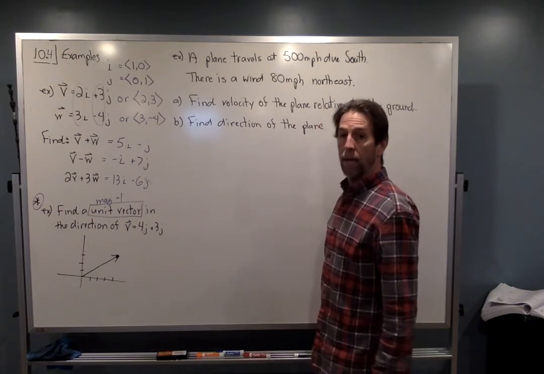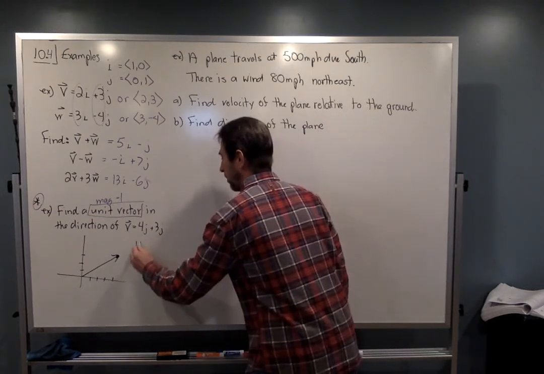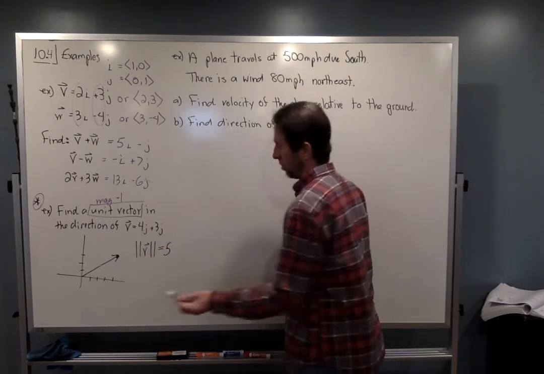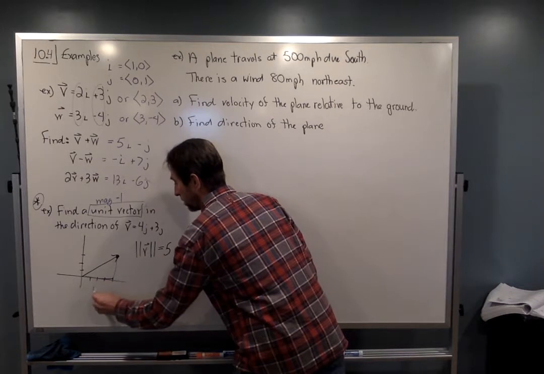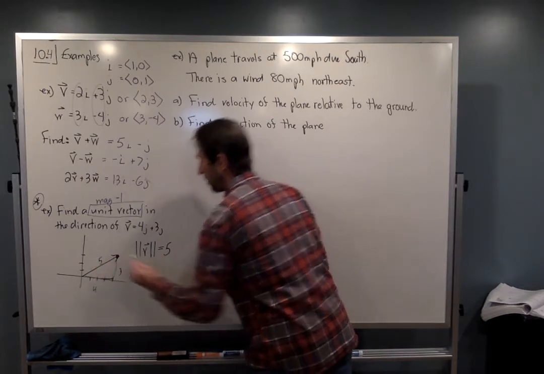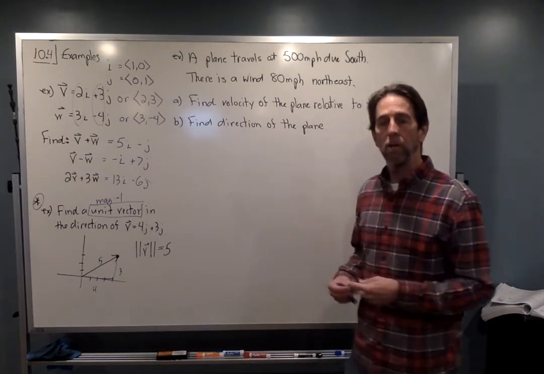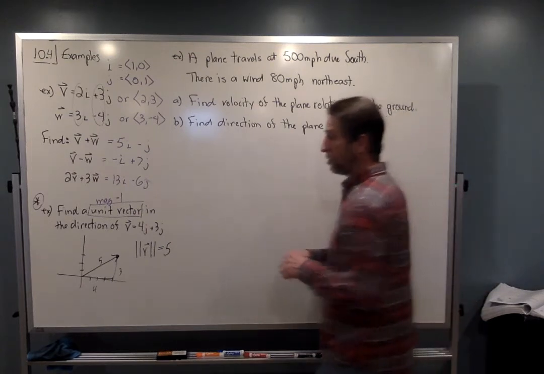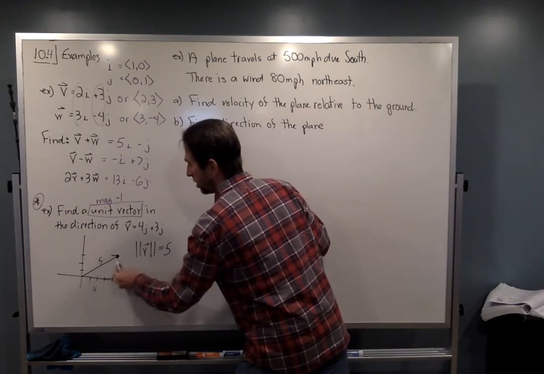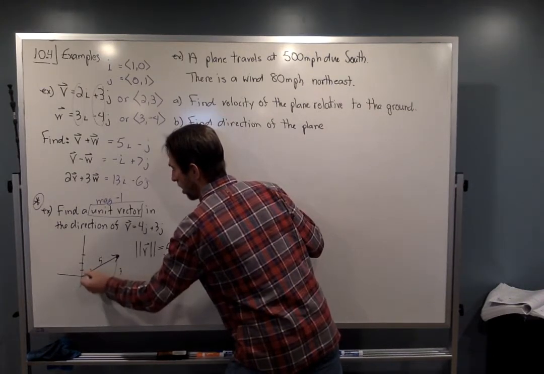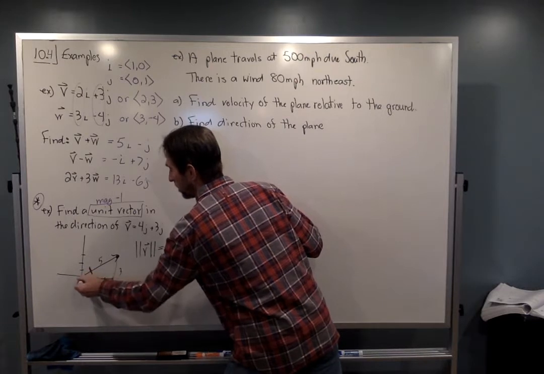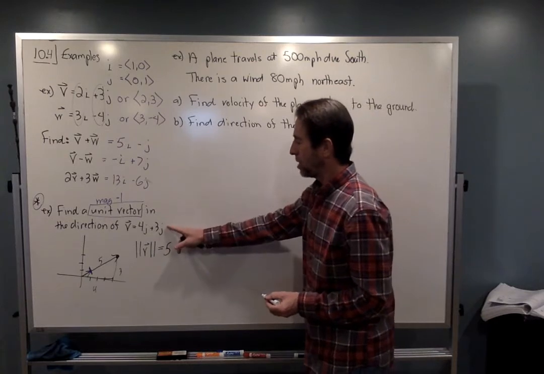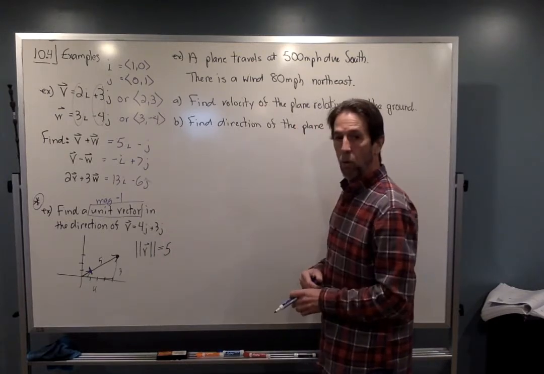Now, we know the length of that vector. Its magnitude is 5. 3, 4, 5 right triangle. So I picked some nice numbers. Okay? If I want a unit vector, but in that direction, all I have to do then is to cut this into 5 equal parts. So maybe that's 1/5 of it. So that little purple part is now going to be the same direction as this one, but it's only of length 1.